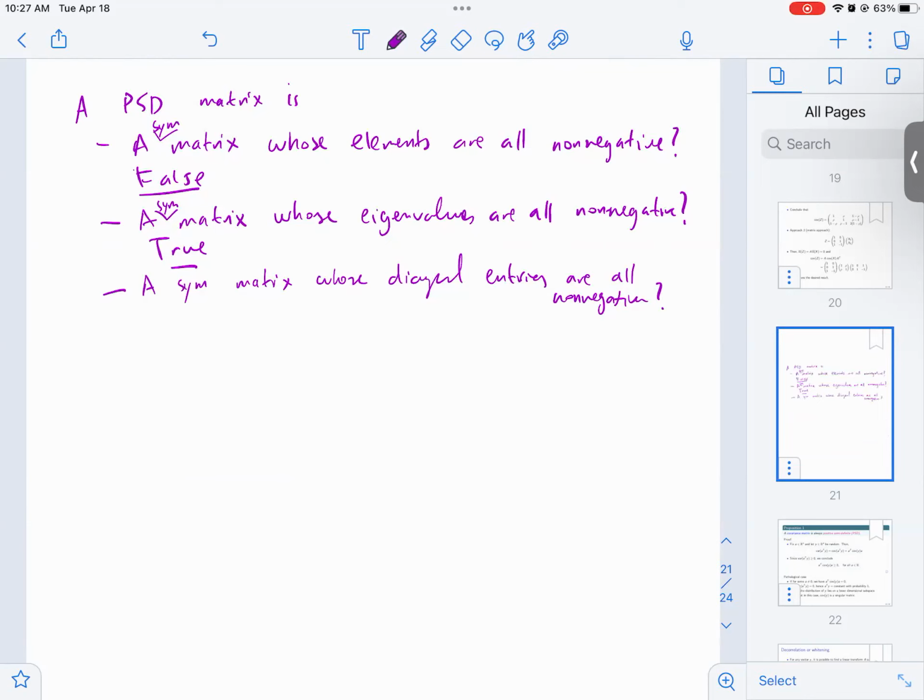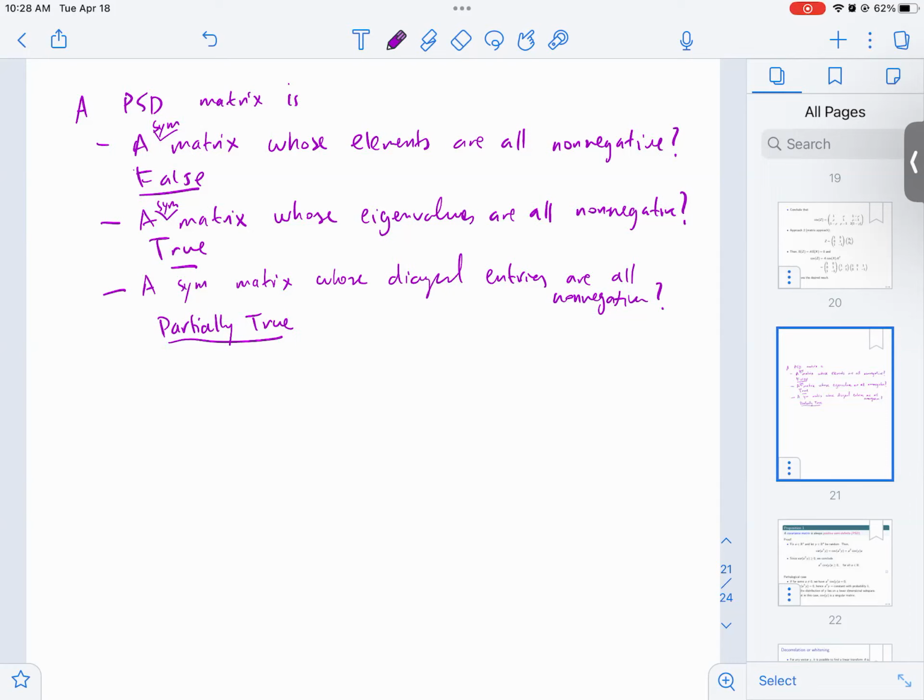This is true, but I'm going to write it as partially true. Why partially true? Because variance is always positive. We haven't proven that the covariance matrix is positive, but positive semi-definite is a more general concept, separate from covariance. It is true, but a matrix can have all positive diagonal entries without being PSD.